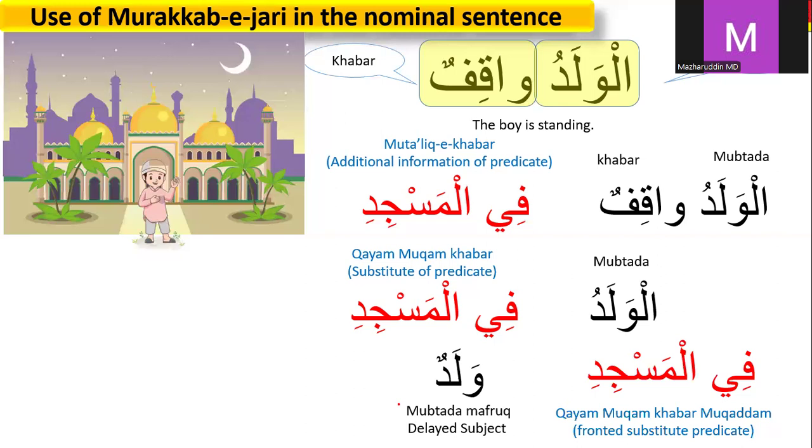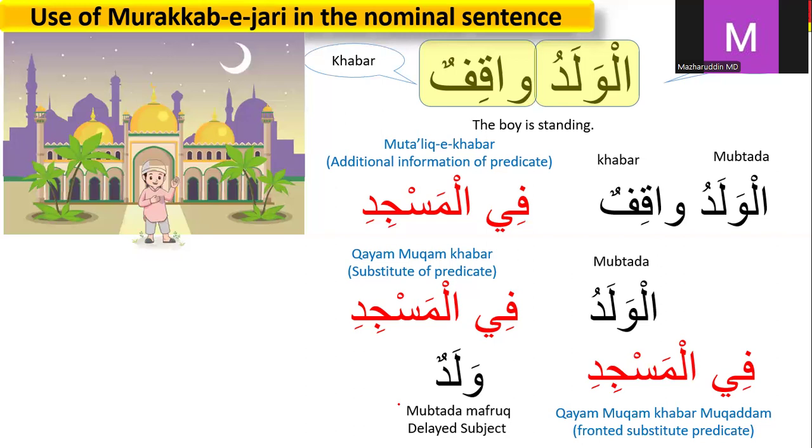So the first one is al-waladu waqifun, simple sentence, mubtada and khabar. Now these three conditions are there where murakkabe jari takes its place. The first one, when khabar is present, murakkabe jari is called mutalike khabar. When actual khabar is absent, murakkabe jari is called qayam muqam khabar.